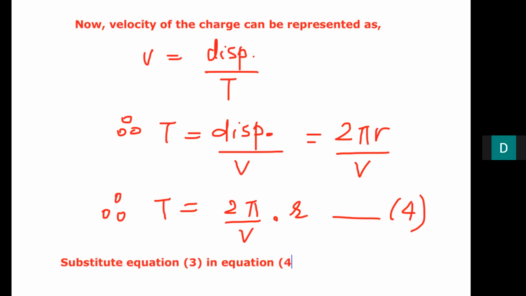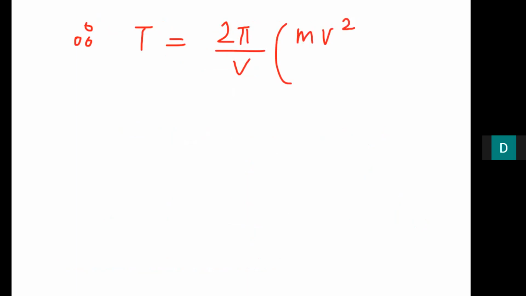That would give me t is equal to 2 pi by v into mv upon qb.